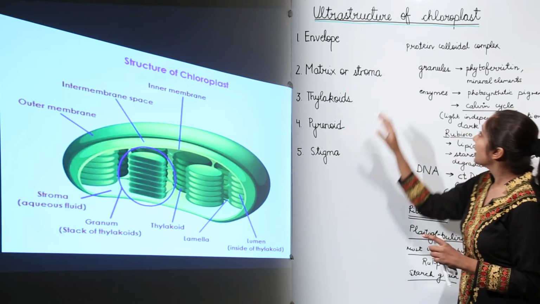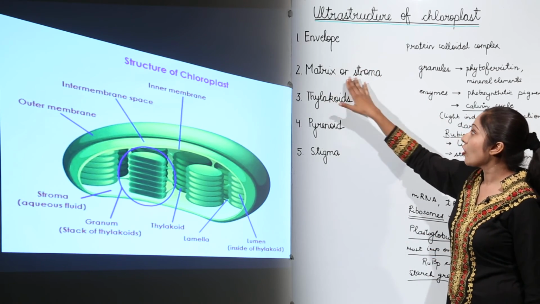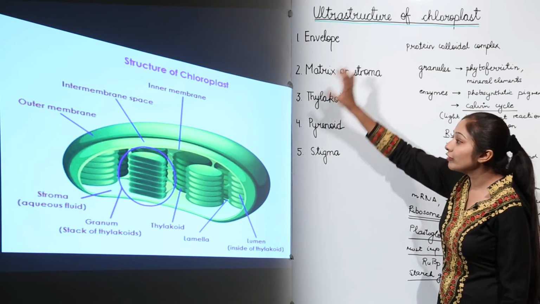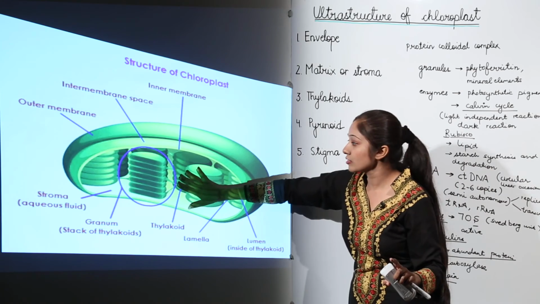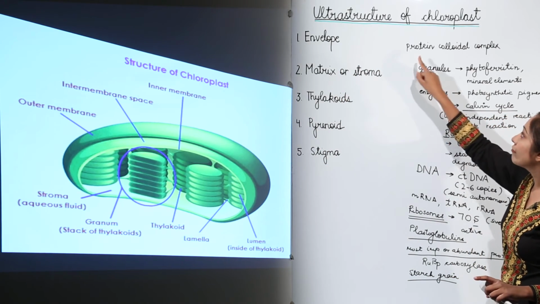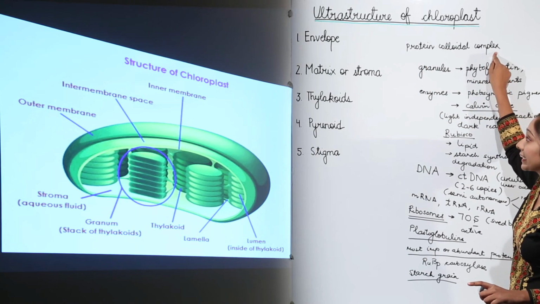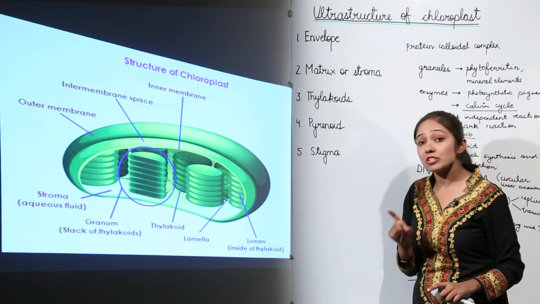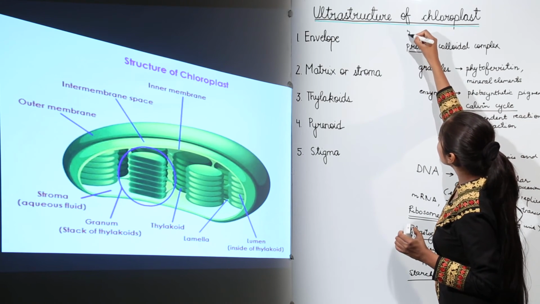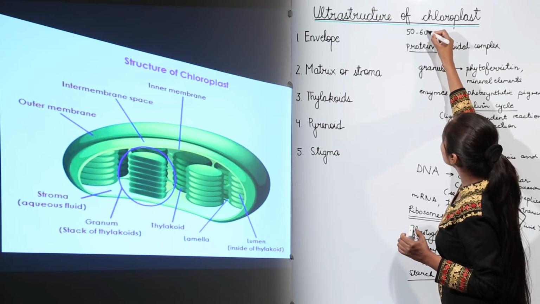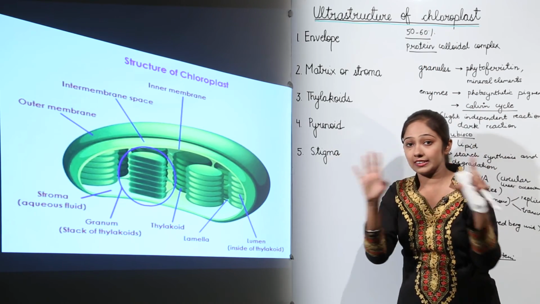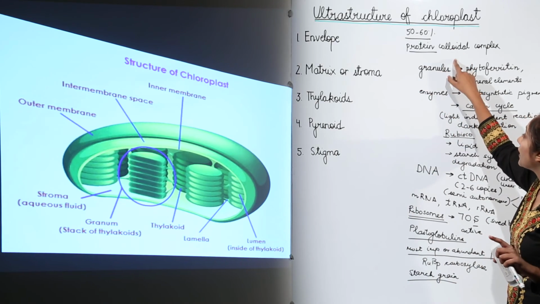Let us recall, I told you that this matrix or stroma is the aqueous fluid inside this core, and this is generally made up of protein colloidal complex. When I told you about the composition of matrix or stroma, I told you that proteins are in abundant composition, that is 50 to 60% approximately. So this entire matrix is composed of this protein colloidal complex.